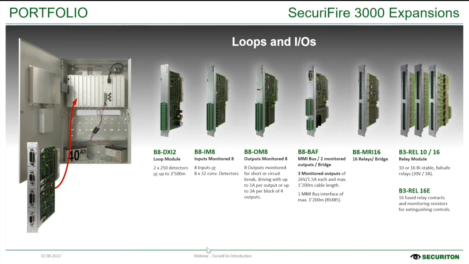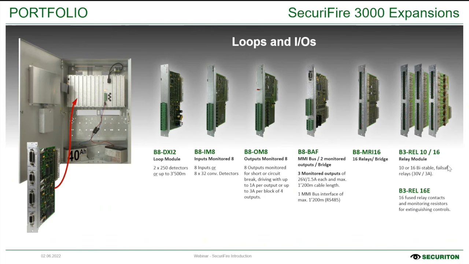Then additionally, the loop and input-output boards. The standard loop board, the B8 DXI2 board, with up to 2 loops. The next one, the EMA board, which provides either 8 monitor inputs or up to 8 conventional lines with up to 32 detectors on it.